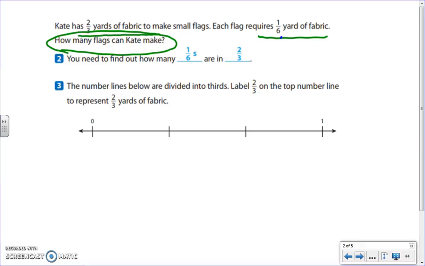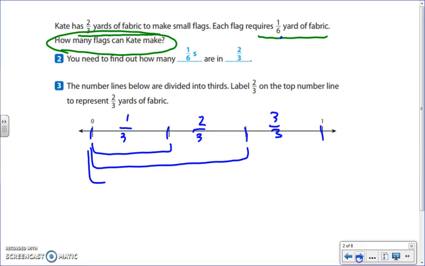The reason they did that is because we made it into 3 pieces. This represents 1/3 of a distance, this represents 2/3 distance, and 3/3 distance, otherwise known as a whole, or 1.